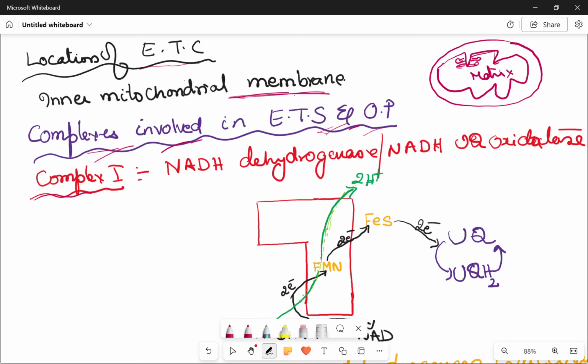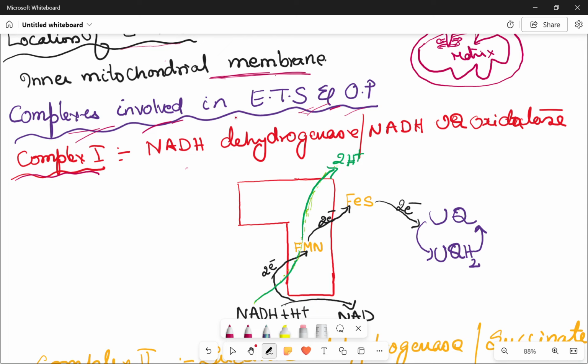One is complex 1. What do we call this? NADH dehydrogenase complex or NADH ubiquinone oxidoreductase complex.